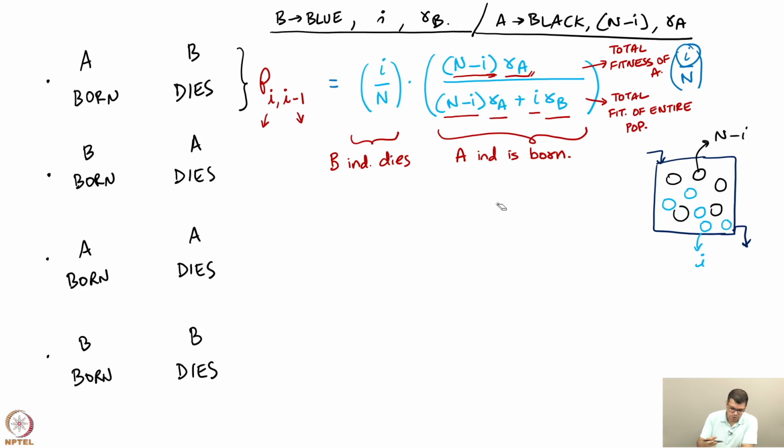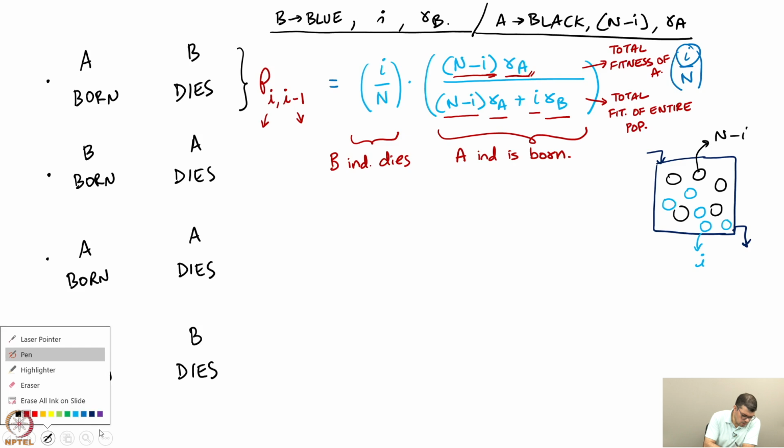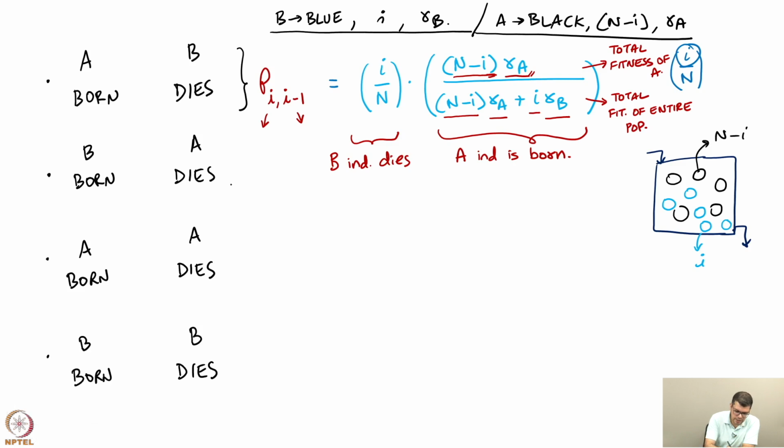So, the next is the opposite of this. In this one, a B individual is born and an A individual is dying. What that means is if these two happen, the number of B individuals increases by 1 because it's a B type individual that was born, and the number of A type individuals decreases by 1 because that's the individual that dies.